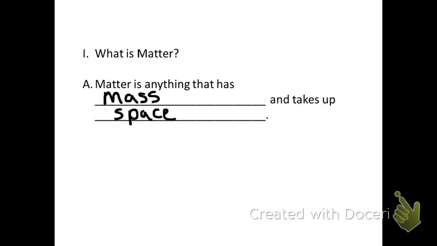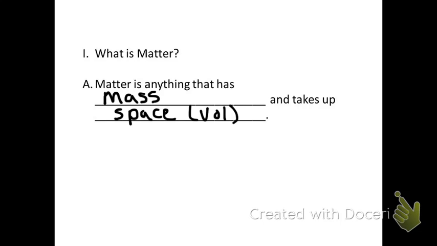Another way of looking at space would be the unit or the measurement of volume. So matter has both mass and volume. And something that does not have mass or volume would not be considered matter.